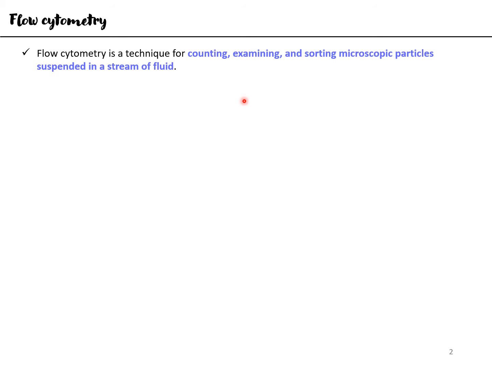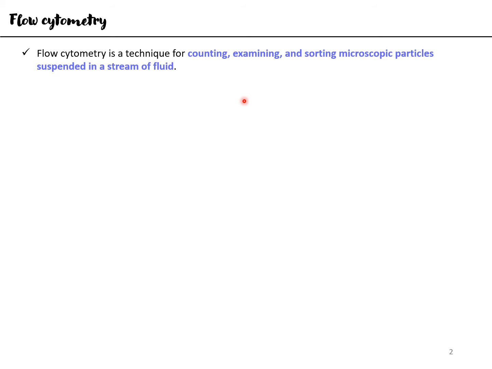So what you require is actually a suspension of cells. If the cells are clumped together or aggregated together, then that will not really work. So a suspension of cells is the first and foremost requirement for performing flow cytometry.